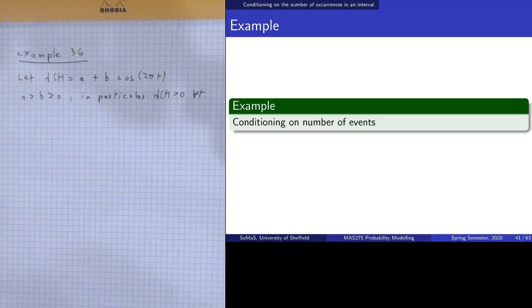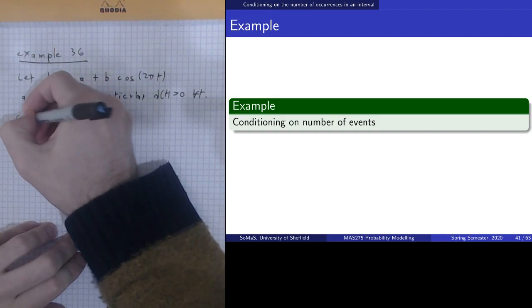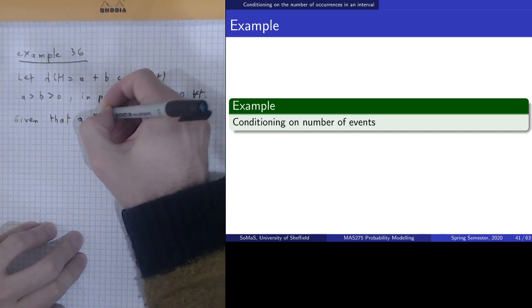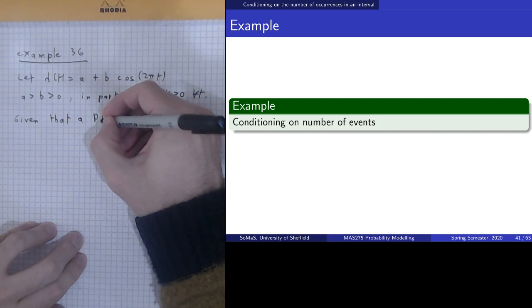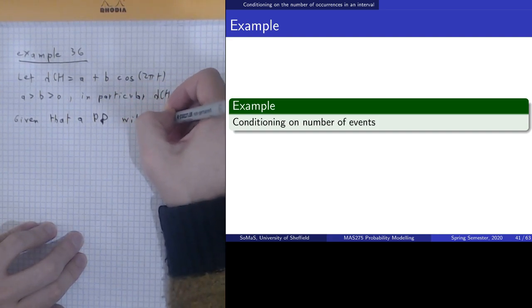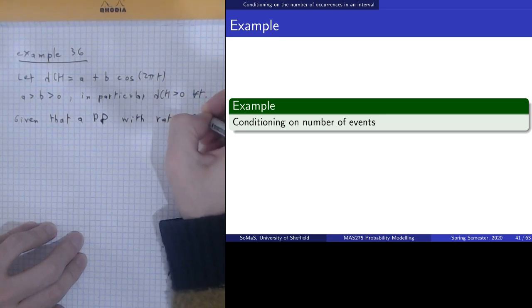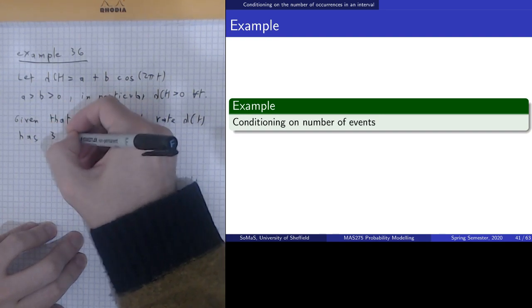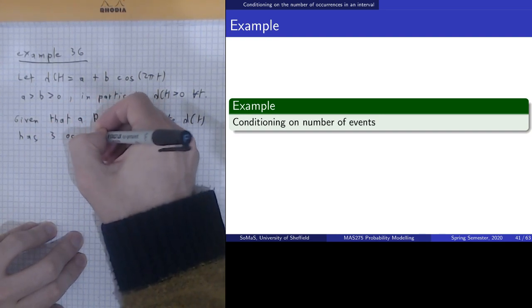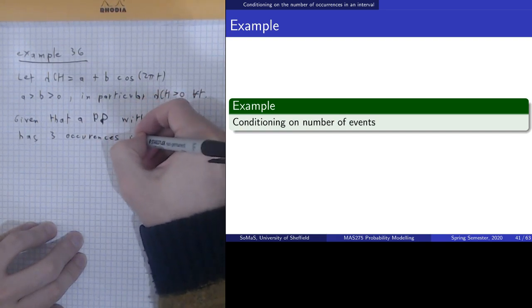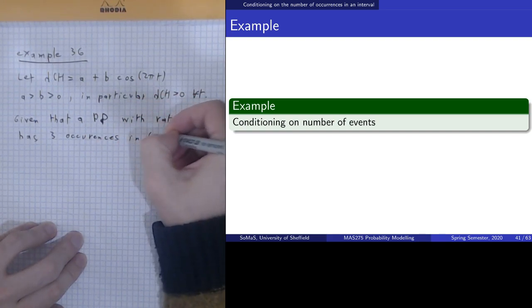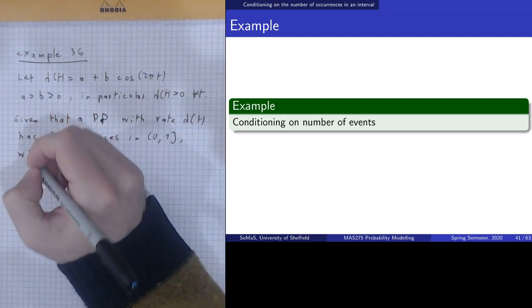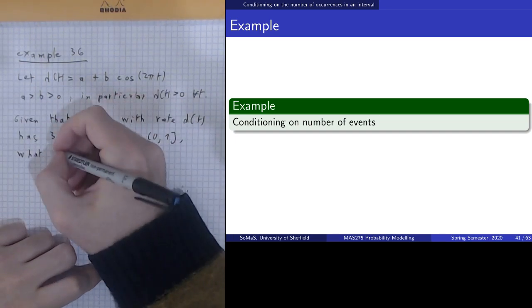And the question is, given that a Poisson process with rate lambda of t has three occurrences in 0, 1, what is the probability that these occurrences were actually all between 1/4 and 3/4?